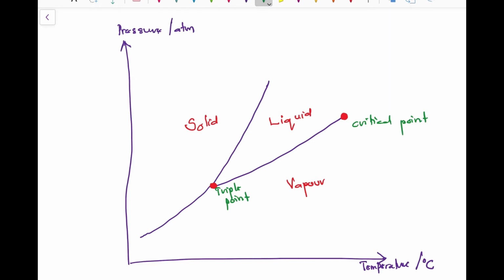Alright, so let's say we label these as points A, B, C, and D. Alright, so we have a curve. Curve AB, we call it a sublimation curve.